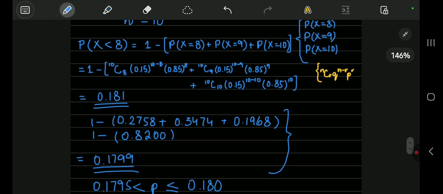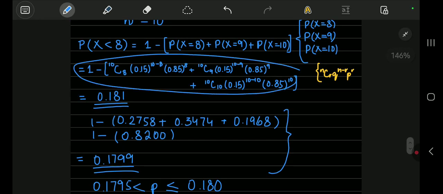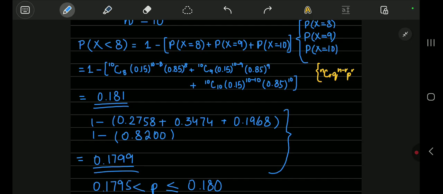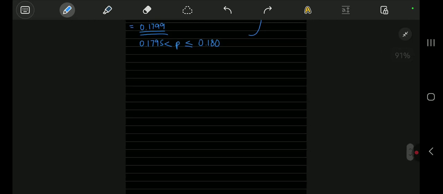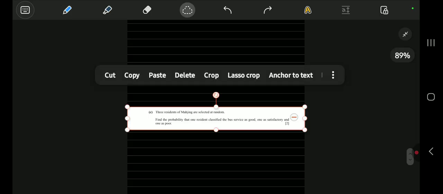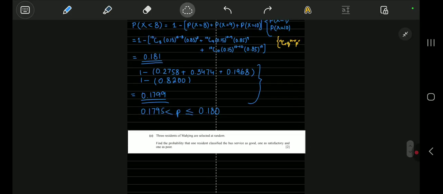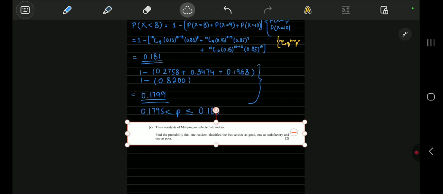I haven't done the whole calculation at once. When you do the whole calculation at once, you will get the exact value. Maybe you will get 0.180, but I took it up to 4 decimal places and then added them up and then subtracted from 1, so I get 0.1799, and that is also perfectly correct. There is nothing wrong in that. So you can also do it directly in the calculator with all the values put together to get the most accurate value.